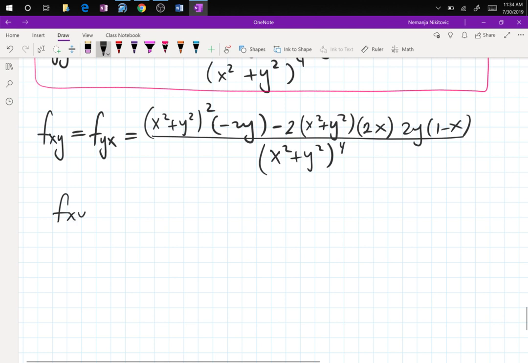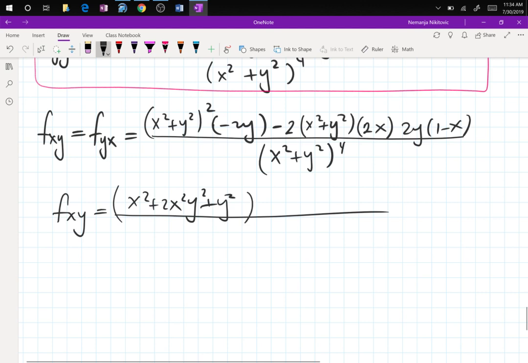So fxy is going to be x squared plus 2x squared y squared plus y squared, all of that times negative 2y. Over here, I'm going to multiply this and then multiply that.